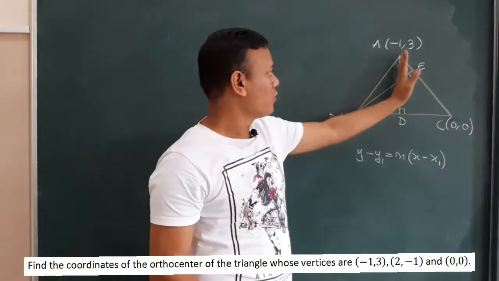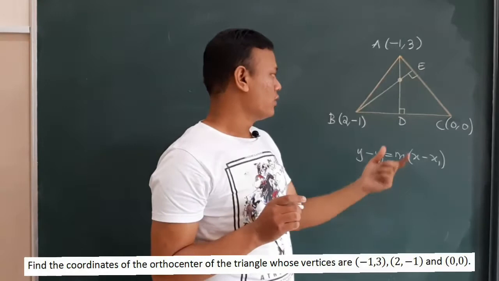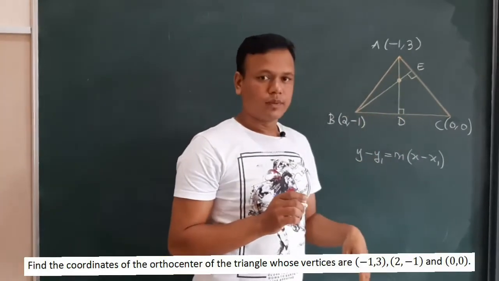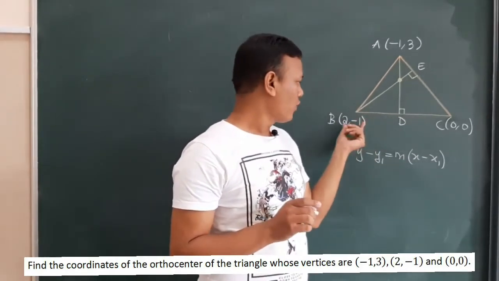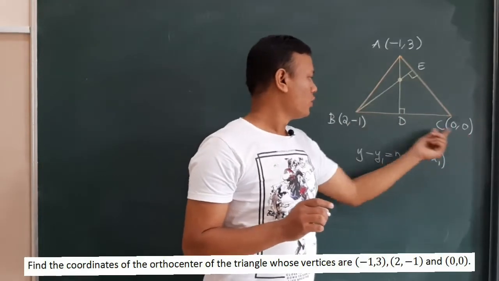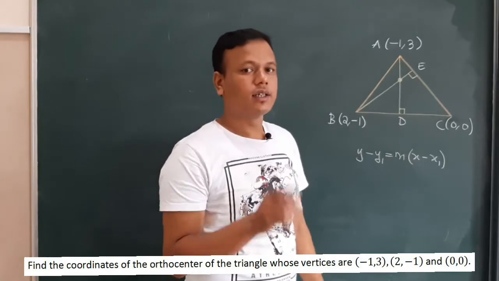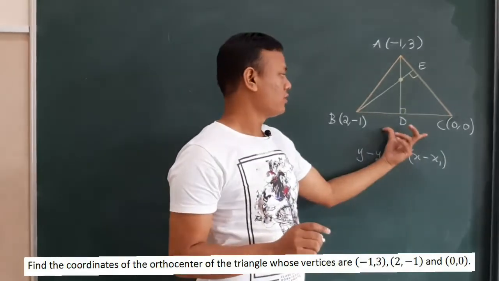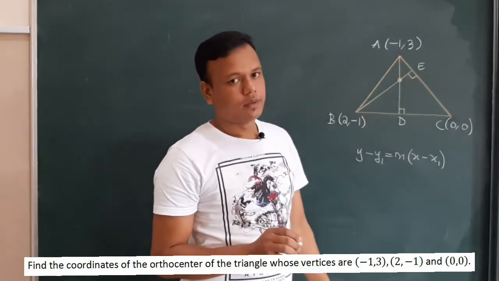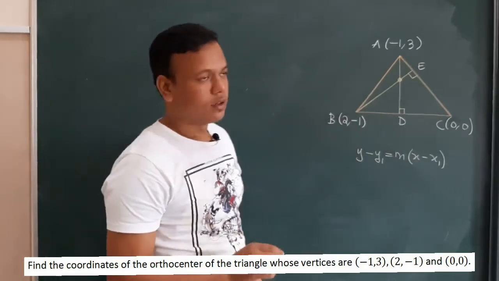So we need to find the slope of AD. One more thing we know is that AD is perpendicular to BC, and we know how to find the slope of BC, because we have both the coordinates. So first we will find the slope of BC, then the slope of AD. Similarly we are going to do the same with BE as well.